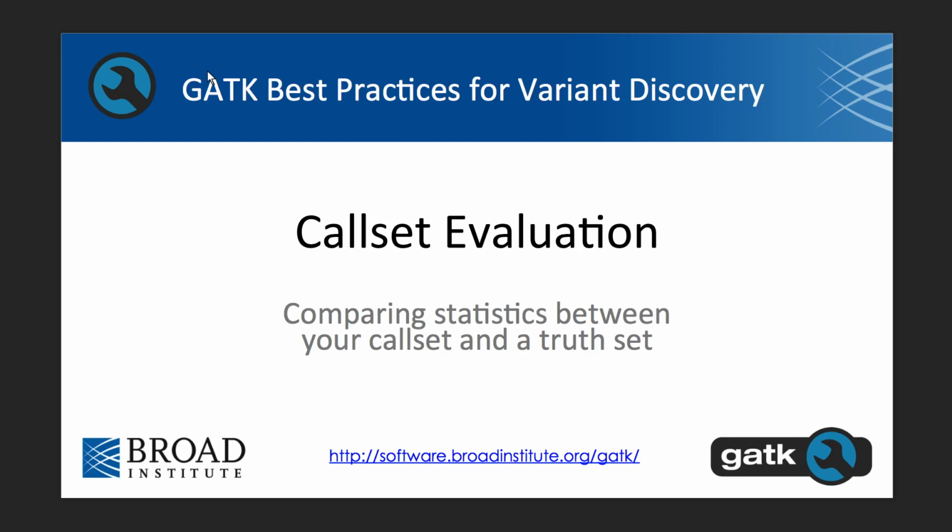Callset evaluation is different because, first of all, as you will see, you need comparison data. So that means you need to find a comparable set of variants from a comparable set of individuals to which you need to compare your metrics. And then you need to actually sit down and compare your metrics.